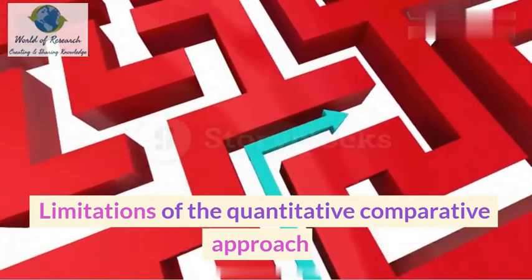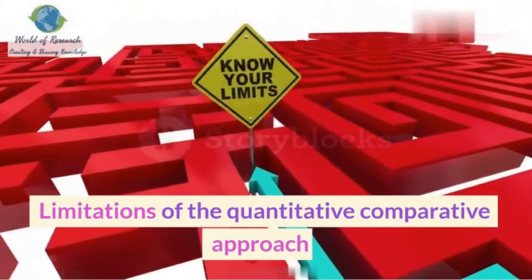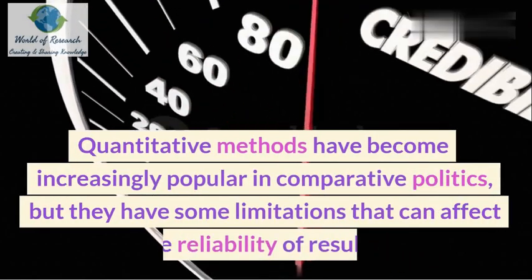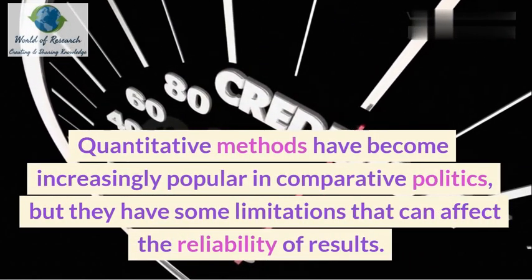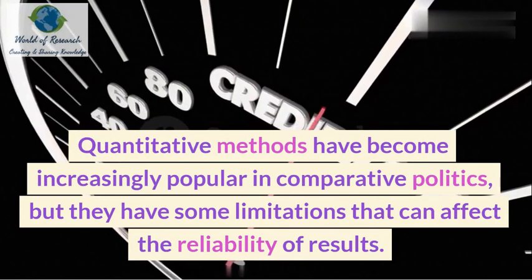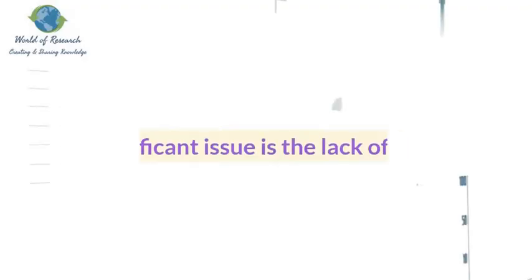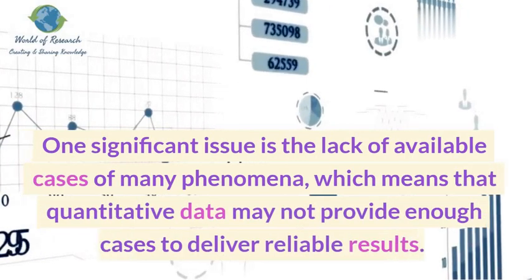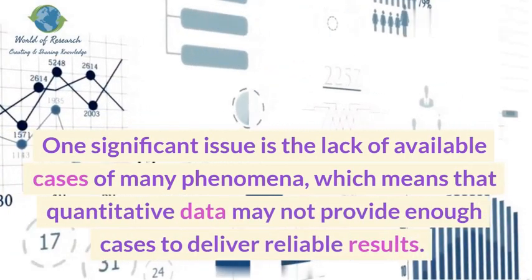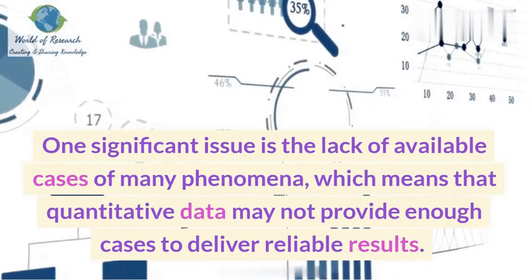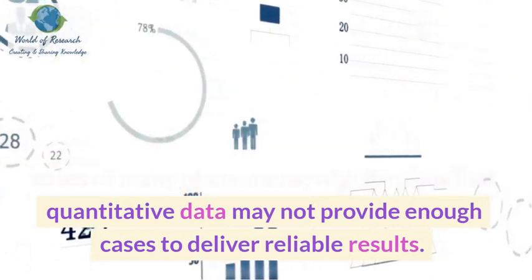Limitations of the quantitative comparative approach. Quantitative methods have become increasingly popular in comparative politics, but they have some limitations that can affect the reliability of the results. One significant issue is the lack of available cases of many phenomena, which means that quantitative data may not provide enough cases to deliver reliable results.